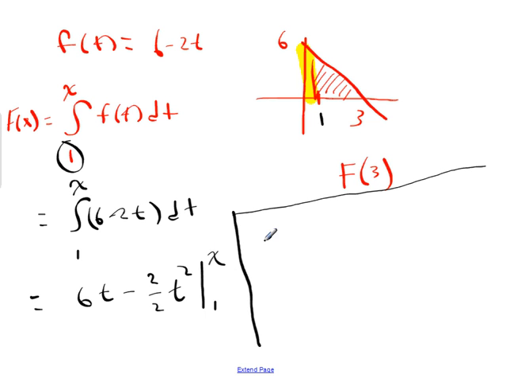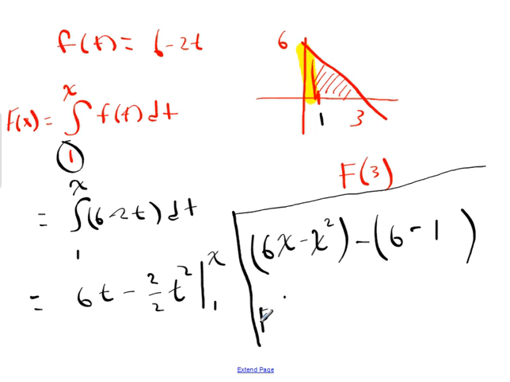So when I plug in values, I'm going to get 6x minus x squared. Now I'm going to be subtracting 6 minus 1. When I plug 1 into this, I just get 5 back. So my accumulation function ends up being 6x minus x squared minus 5.